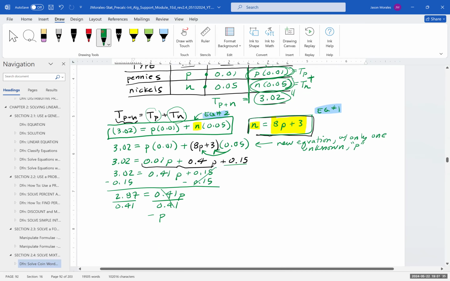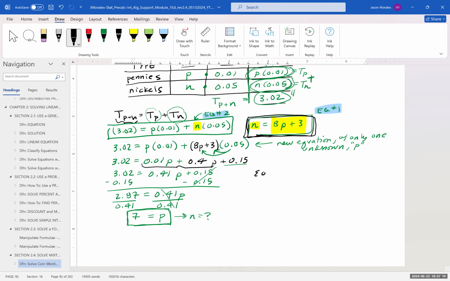All right, so we're able to put those two equations together in order to solve for one of our unknowns. We know we've got 7 pennies. So how do we use this now to find out how many nickels? Well, we can now drop that into equation number 1.